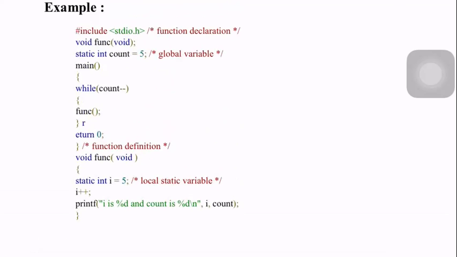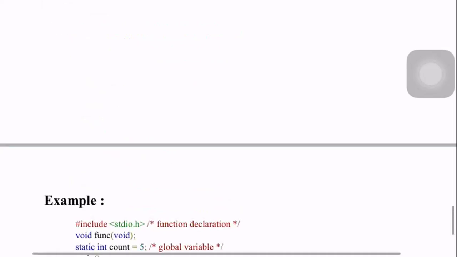If you have int count is equal to 5 and int I is equal to 5, we are declaring it with the same functionality. This makes the use of register variables much better. When we use the registers of the microprocessor to store these variables, it makes register variables much faster.